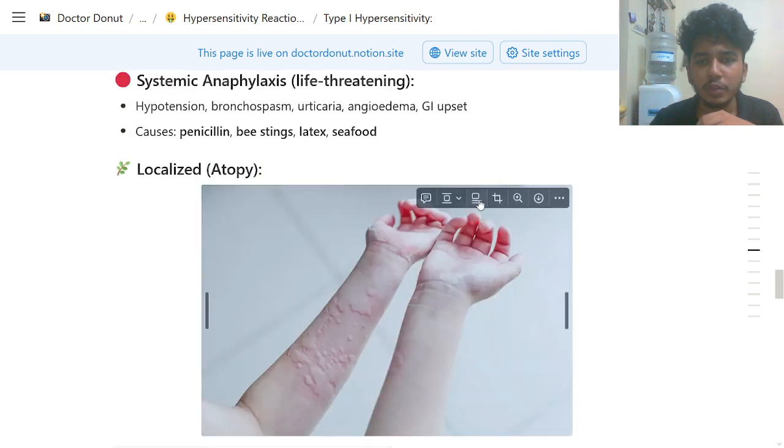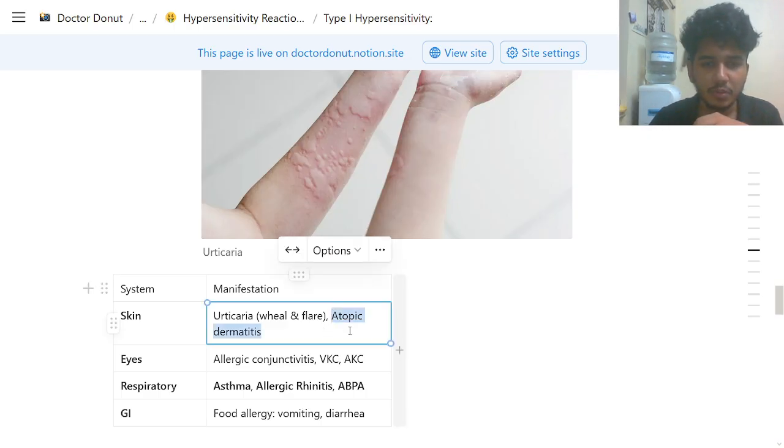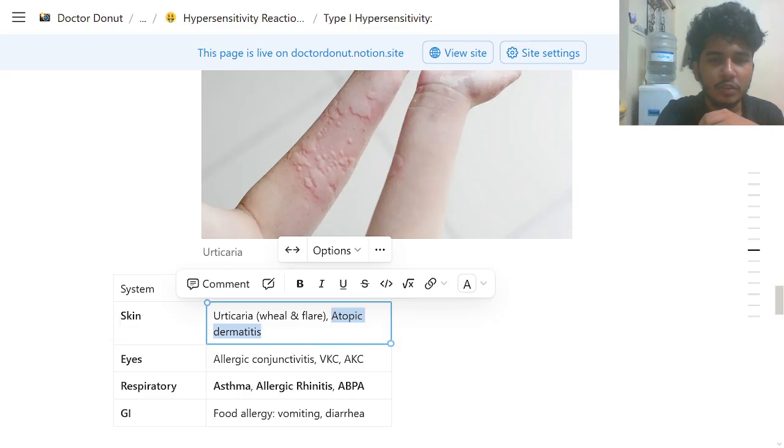Should I put in the image for atopic dermatitis? I'm not going to do that. That's not what I am here to do. You can Google it yourself. You don't need me for that. But because you have been such a good person today, I will try to get it for you. That's the reason I'm trying to teach here and not going into singing. I don't sing so well.